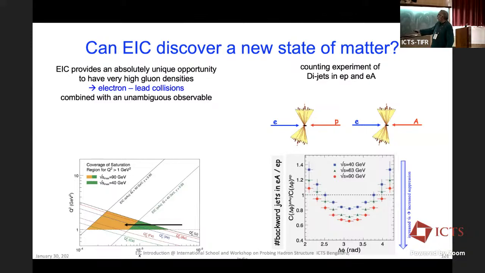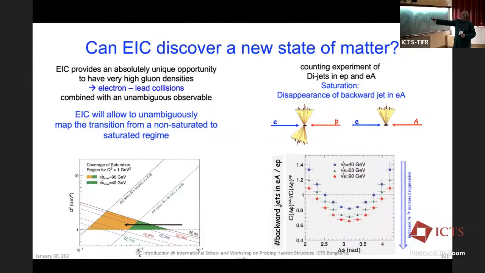However, the simulation, knowing our knowledge so far, or in the model, it says as you go to higher and higher center of mass energy, as means you go into that regime of high parton density, you should see that there's a depression of one of those jets. And if you're lucky enough, you'll see in the EA, one jet is completely missing, if the density is high enough.